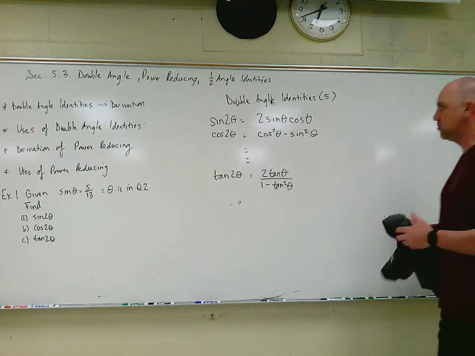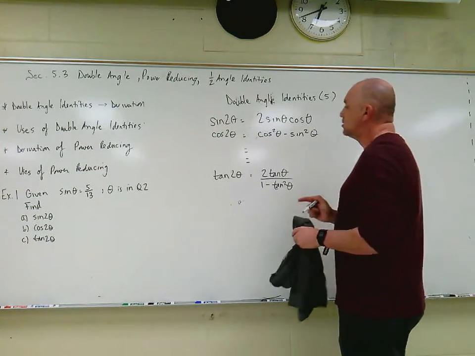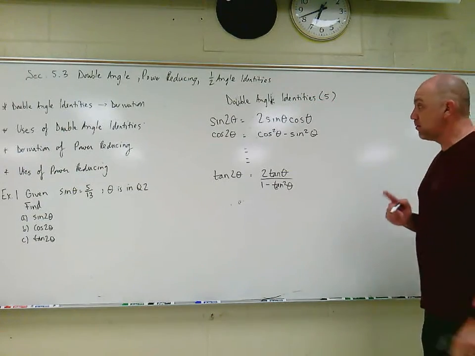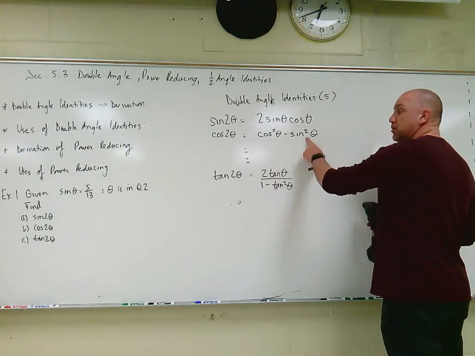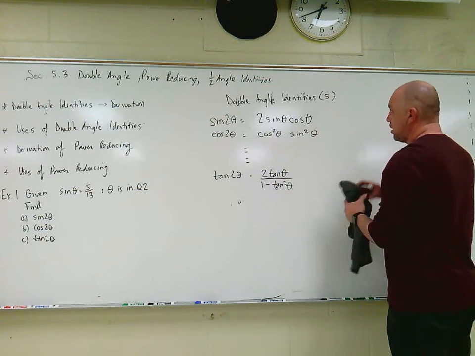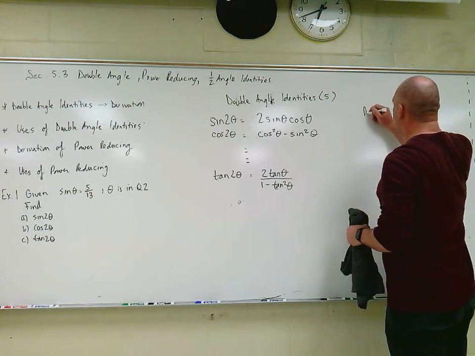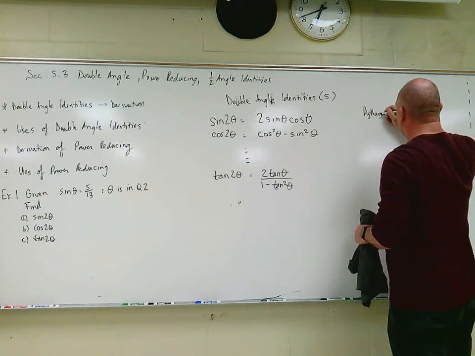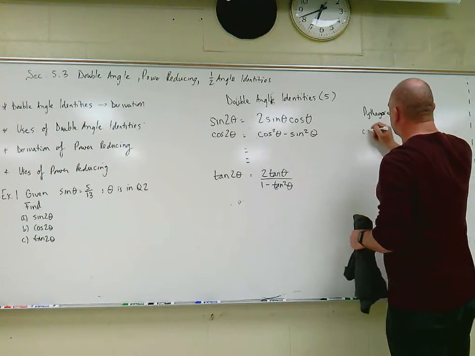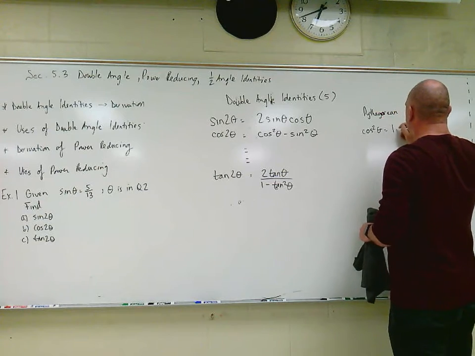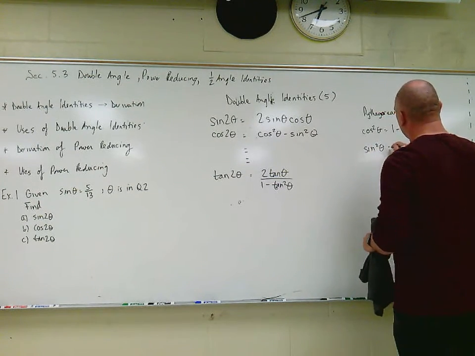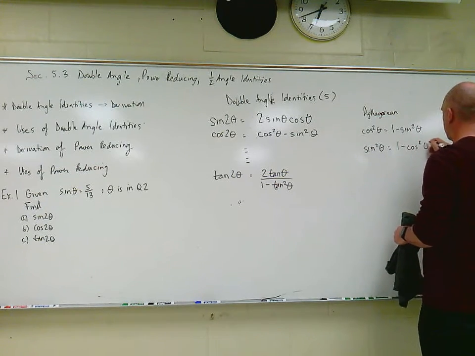So basically, here's what we're going to do. Since we have Pythagorean identities, each of these can be written in terms of the other one. So what I mean by that is, from our Pythagorean identity, we know that cosine squared theta is 1 minus sine squared theta, and we know sine squared theta is 1 minus cosine squared theta.